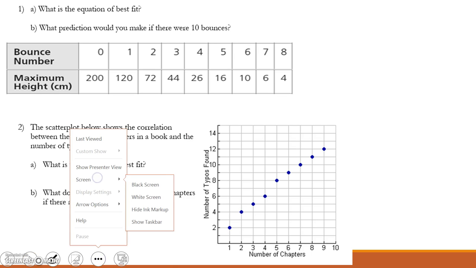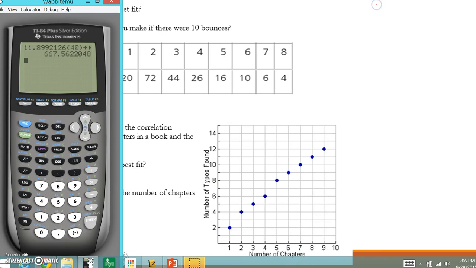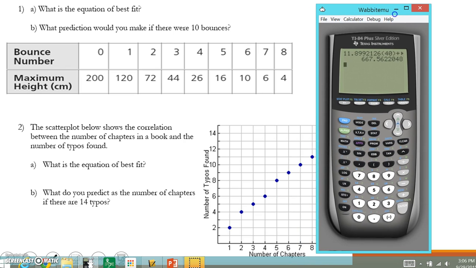So I'm going to go and I'm going to put this into my calculator. Since this is a horizontal table, just the first row will be the x value, or L1, and the second row will be L2. So to clear an entire column, you go to the top of the column and hit clear, not delete. Hit clear and then hit the down, and it clears the whole thing.